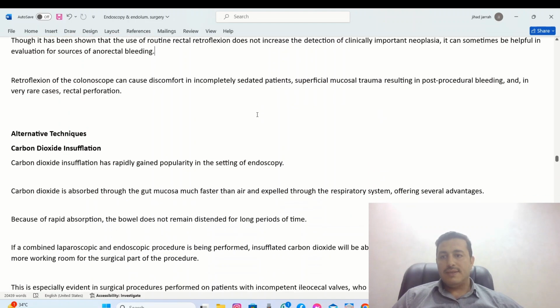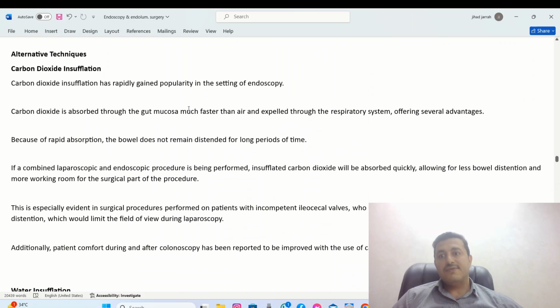That's what we said. As an alternative technique, instead of air insufflation, we can use carbon dioxide.